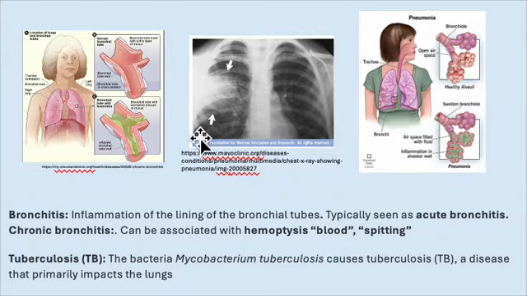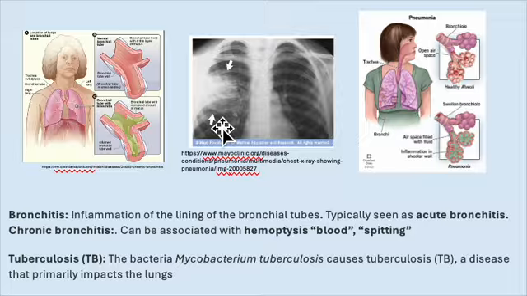So here we see an image of a chest x-ray, and it appears as cloudy or white patches where the lungs should appear clear, and when they're clear, they look more black. So this cloudy white patch is an indication of fluid or even scarring that is happening in the lungs due to the infection, this pus and fluid.